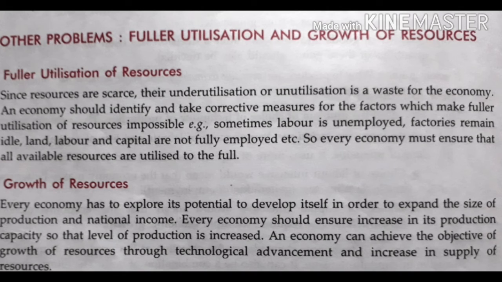But if we take the income of the factors of production from other countries also, when we are relating our country with other countries, then it is called factor income from abroad. When we add this also, then what we get is national income. And every economy wants its production to increase, which will automatically result in an increase in national income.